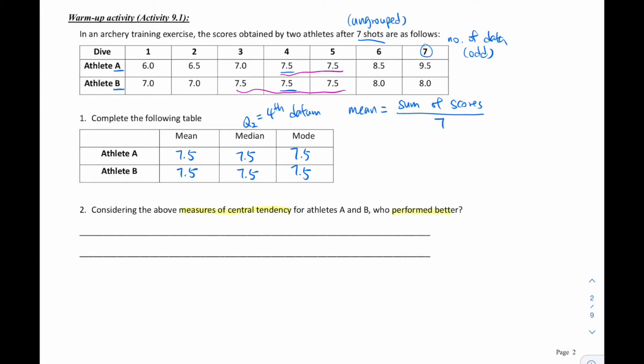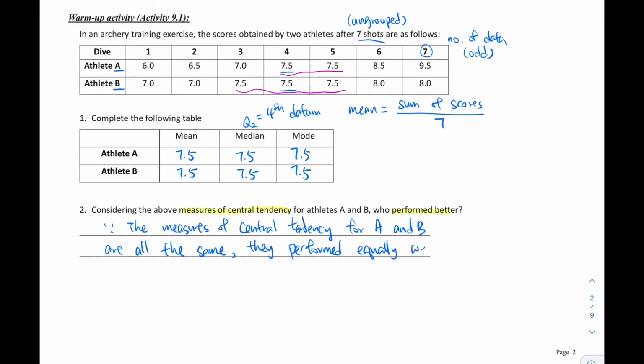So we just say, because the measures of central tendency for athletes A and B are all the same, we conclude they perform equally well.